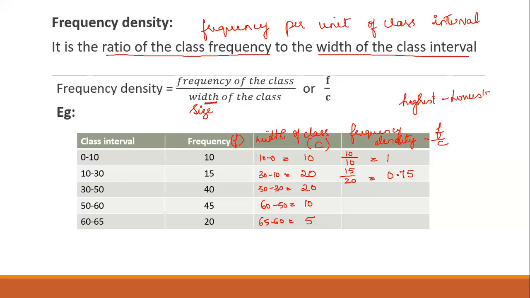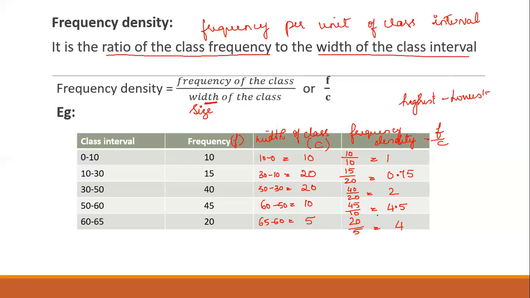Third one: frequency is 40 divided by 20, which will give you the value 2. Next one is 45 divided by 10, which will give you 4.5. And the last one is 20 divided by 5, that is 4.